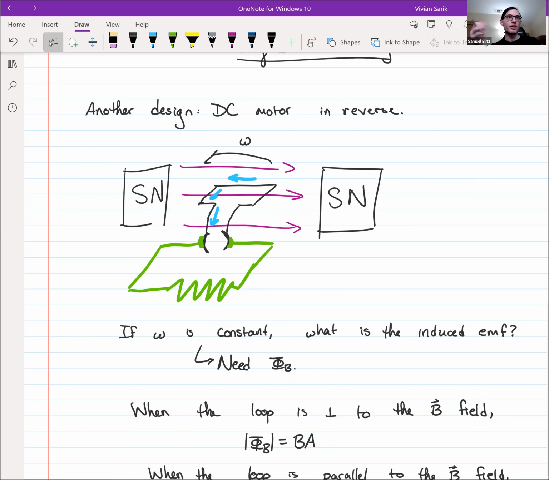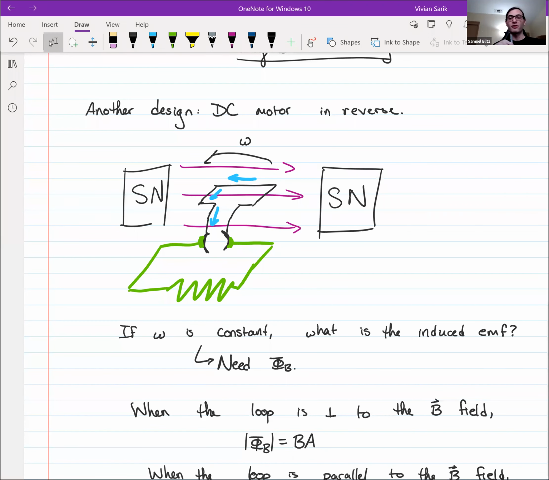And so the net effect here is that the induced magnetic field will act to oppose the rotation of the spinning wire. And that's why you have to keep applying torque to keep it moving. So it doesn't just spin forever and you get free electricity.